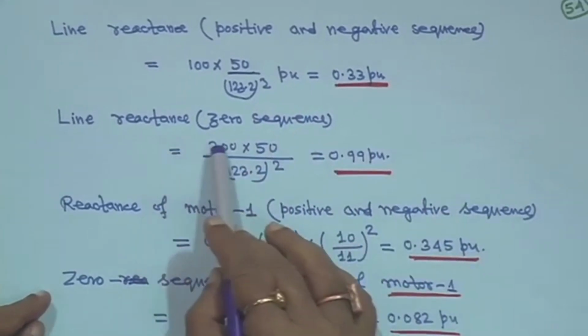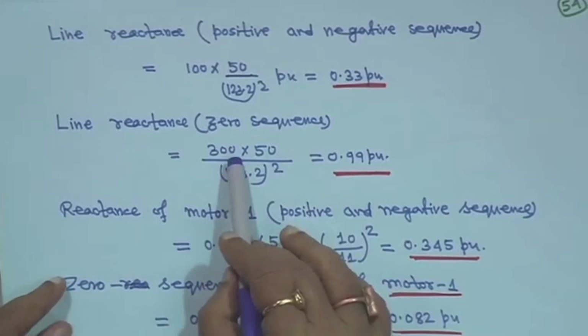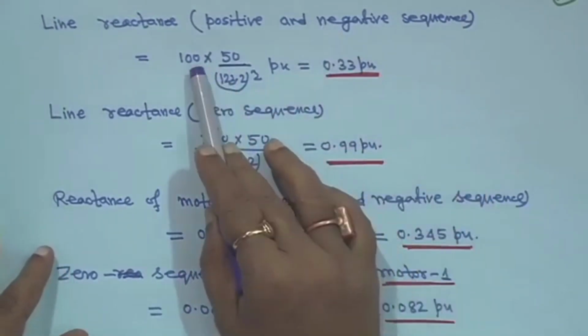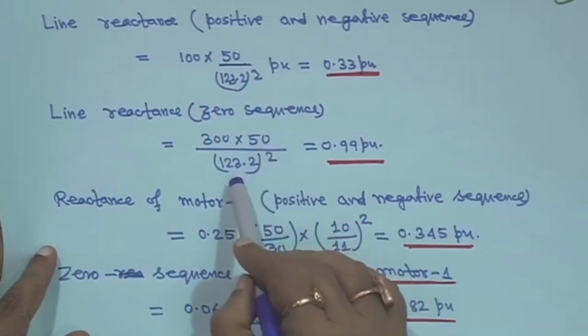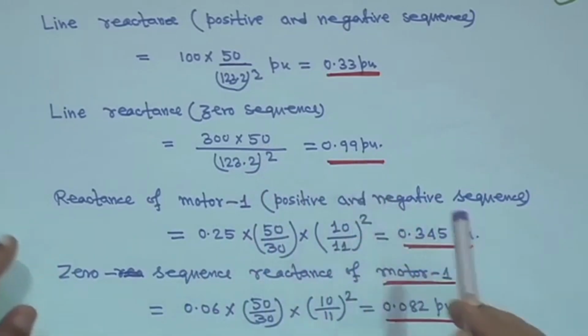Now the line reactance for zero sequence was given as 300 ohm. Positive and negative is 100, but zero sequence is given as 300. So it is 300 into 50 upon 123.2 square, that is 0.99 per unit, right.